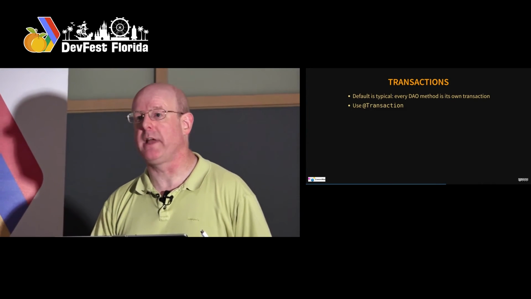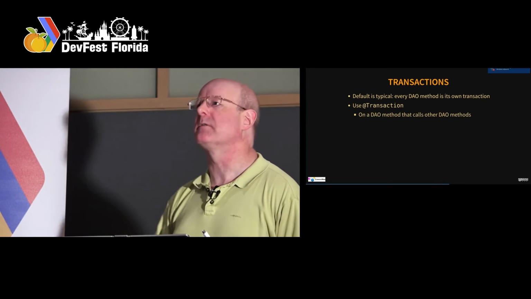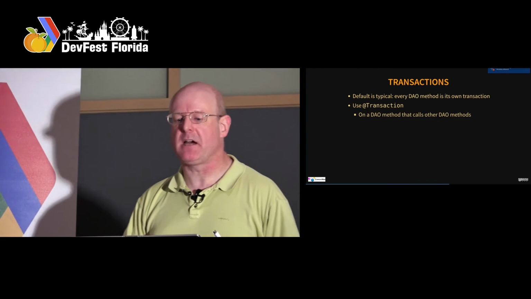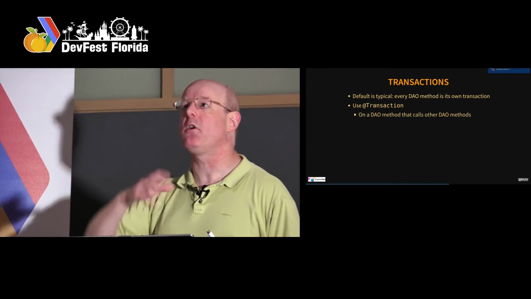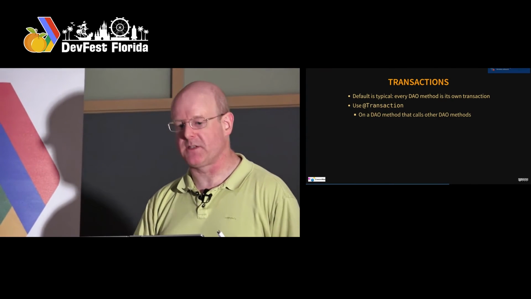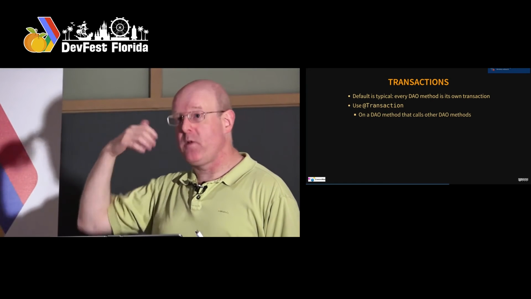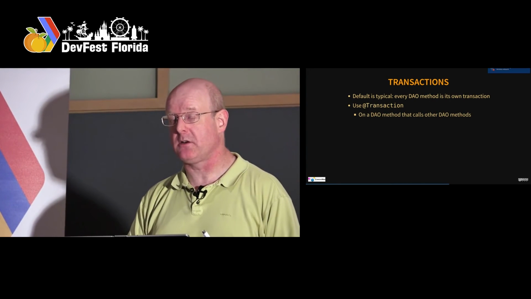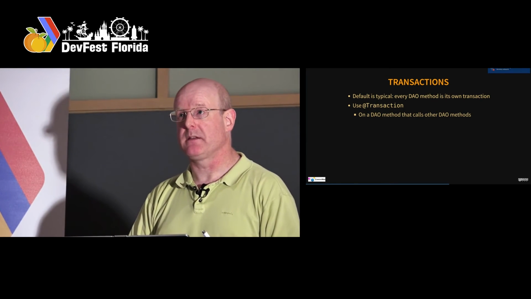But you can control that via a transaction annotation, and you'll do that for one of a few reasons. One possibility is that you might have a DAO method that's going to call other DAO methods, and you want those to all occur inside of a single transaction. For example, we've got a track, we've got sessions, we've maybe set this stuff up in Java code, and we want to now persist it. We want to put it in the database.